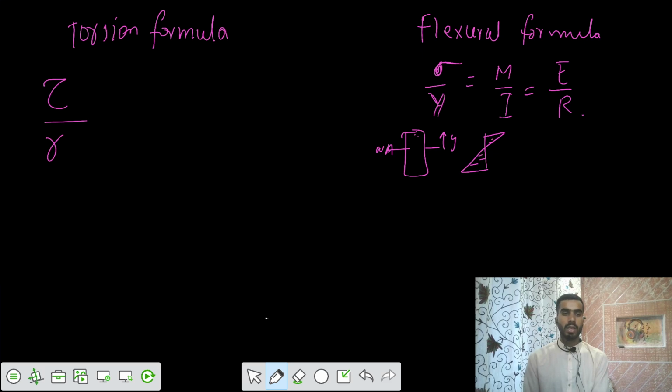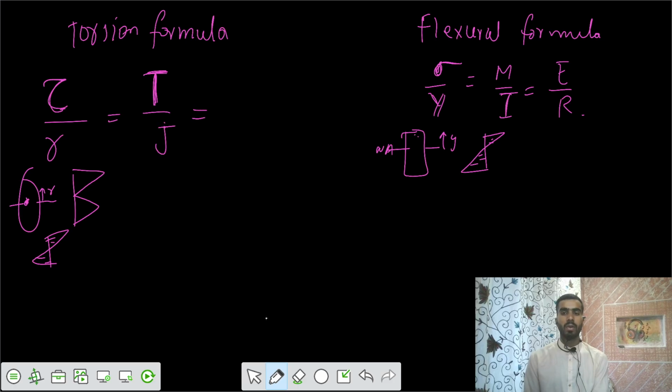And we say that shear stress because of the torsion at some location r from the center equals tau by r. So we have the shear stress tau by r equals, where we had M by I, here we have torsional moment T by polar moment of inertia J, and where we had E by R, here we have G, and for the R we have theta by L, because we know we have that length L.